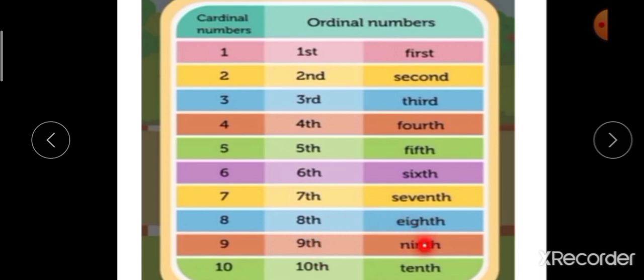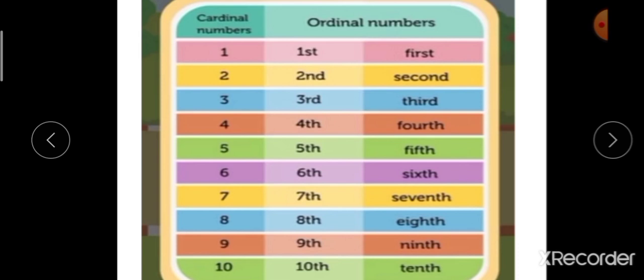Ninth is a special one over here. Remember, when written, it is ninth, without the e. While writing, you should write it as ninth, but while speaking, you should say ninth only. Don't pronounce it wrong, saying that Nilima teacher told us to say it differently.